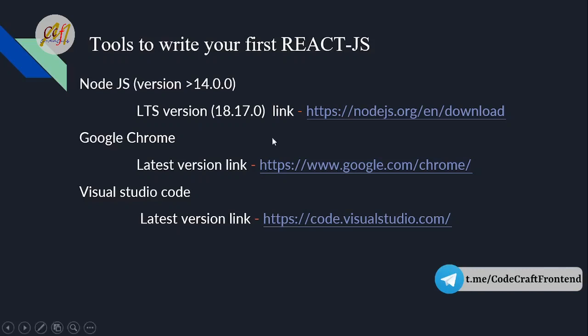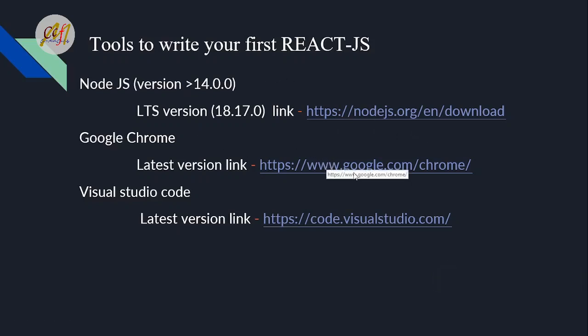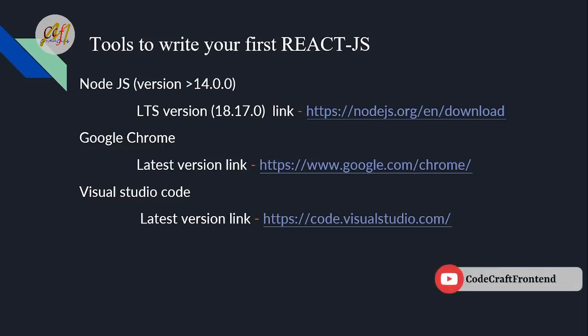So let's go and download all these things. Let's set up our machine to start our React application. So for Node.js, I wrote the version needs to be 14 and above, because there are a few functions that do not support it.